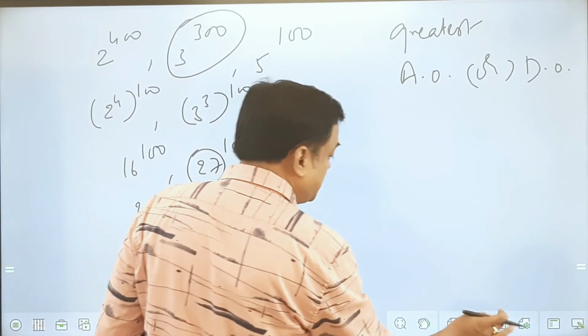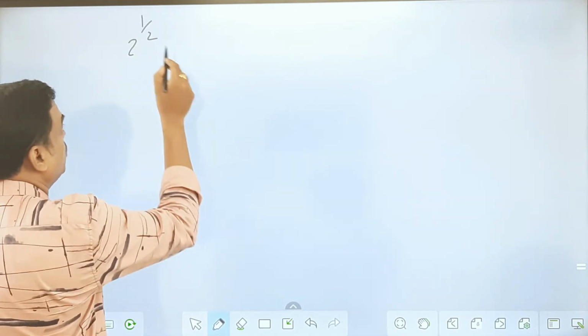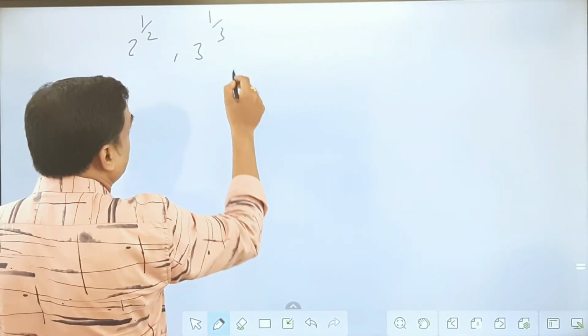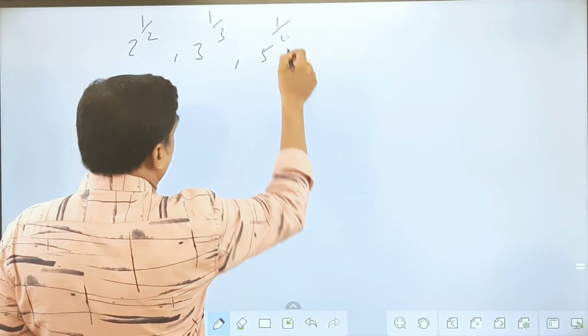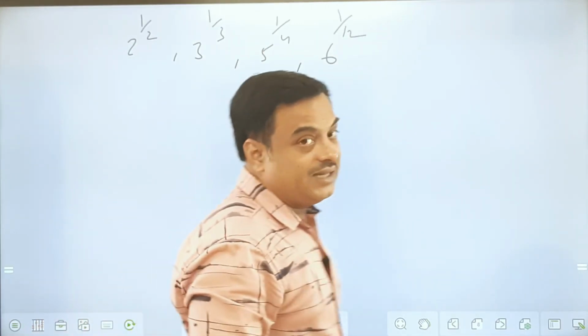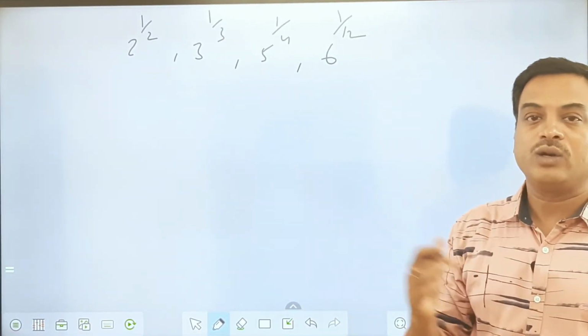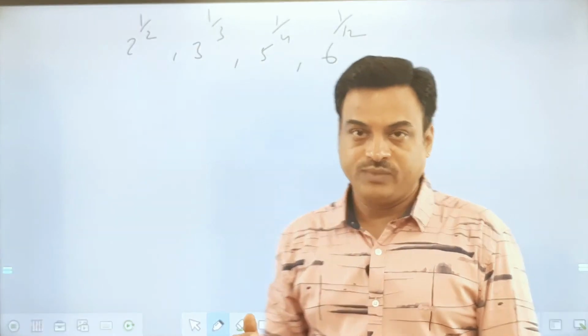There is another question which is possible here. Writing 2 power 1 by 2, 3 power 1 by 3, 5 power 1 by 4 and 6 power 1 by 12. Again the same question: find the greatest or arrange them in ascending or descending order. So how do we do this? Bases or powers have to be the same. Any one of them has to be the same.